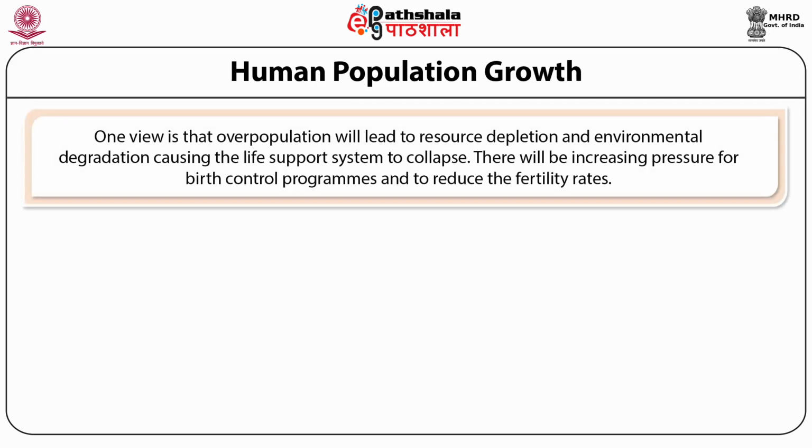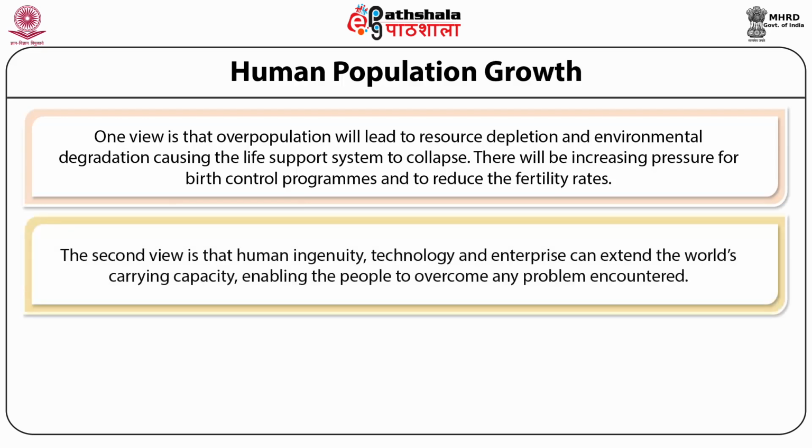One view is that overpopulation will lead to resource depletion and environmental degradation, causing the life support system to collapse. There will be increasing pressure for birth control programs and to reduce the fertility rate.